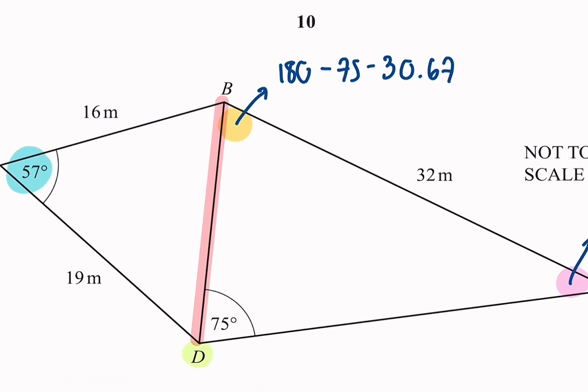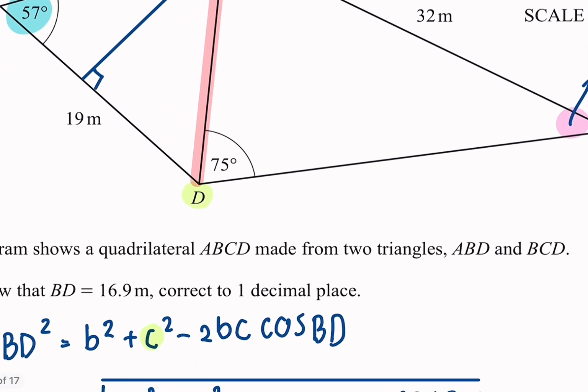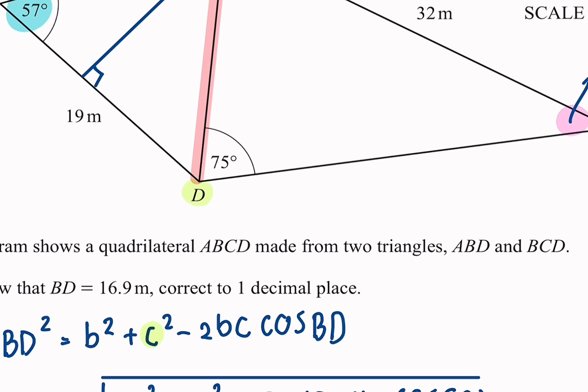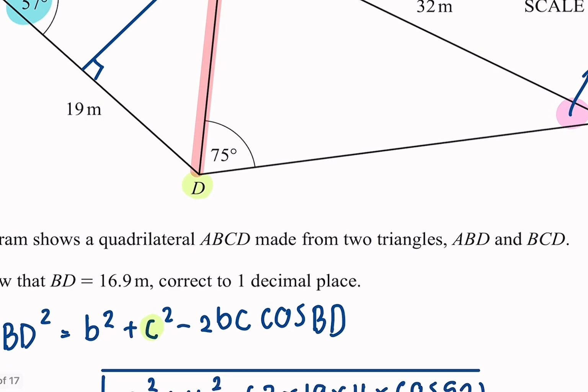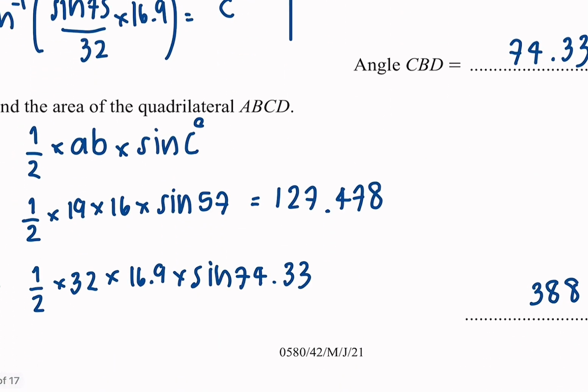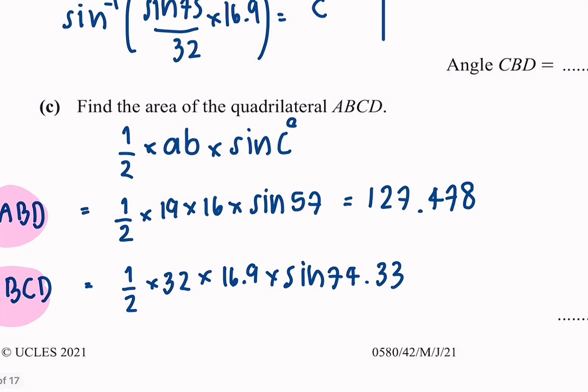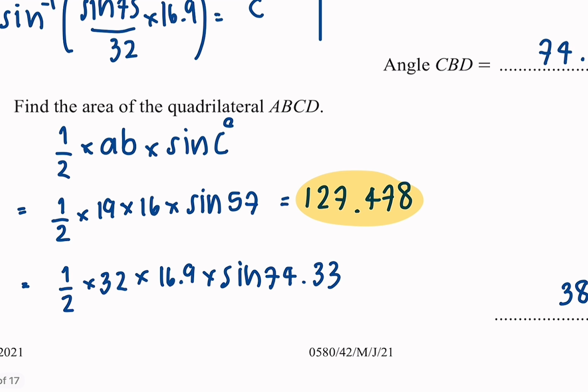Find the shortest distance from B to AD. It is this one. It is the height of triangle ABD. And since we have calculated the area of triangle ABD, which is this value, I will use this equation.